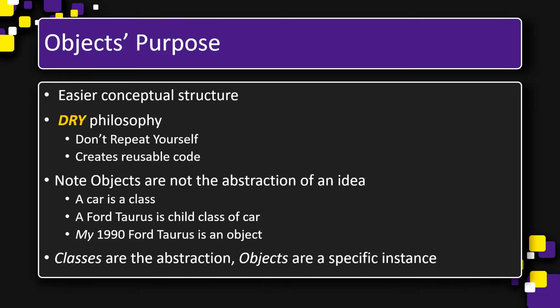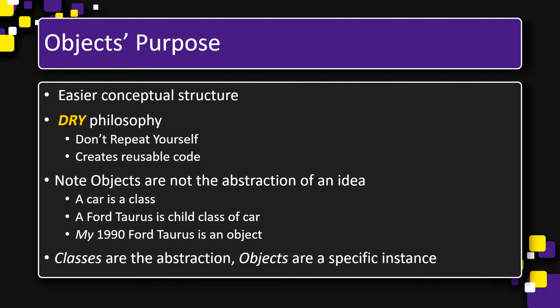DRY stands for don't repeat yourself. All right, it creates reusable code, so we can take particular actions or methods for our objects and put them in different objects or put them in different types of classes and be able to reuse that code in a lot of ways. That's really useful, but we can also reuse different types of classes in different programs, which is also really useful.